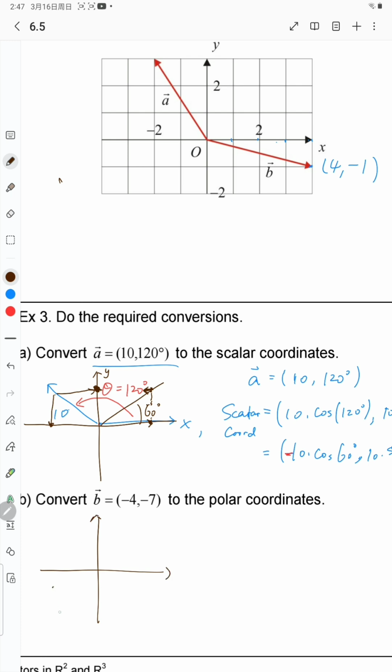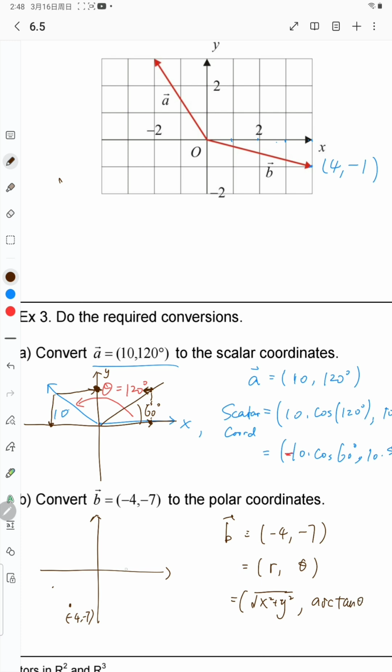So -4, -7 here. Yeah, just try to find the r and try to find the theta, right? So r is the square root of x squared plus y squared, right, of this vector, and theta is just going to be arctangent.